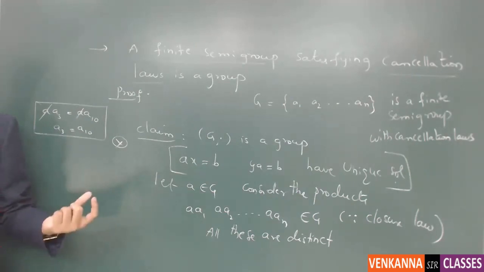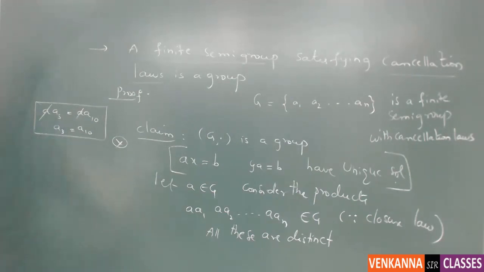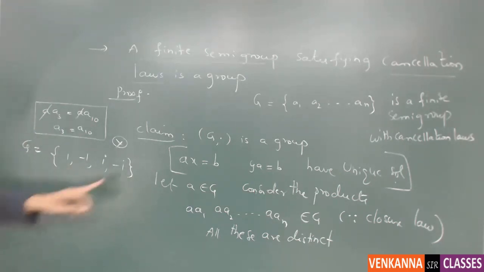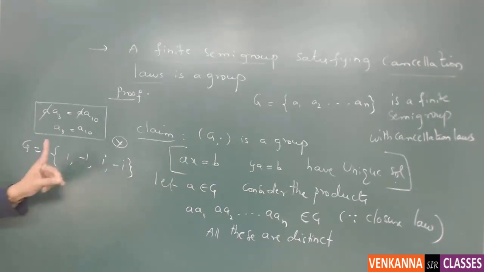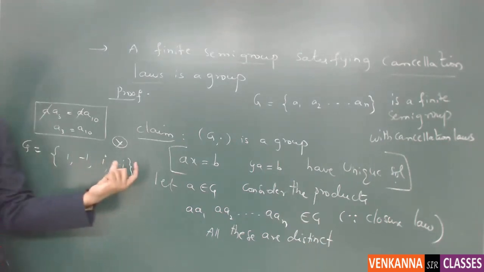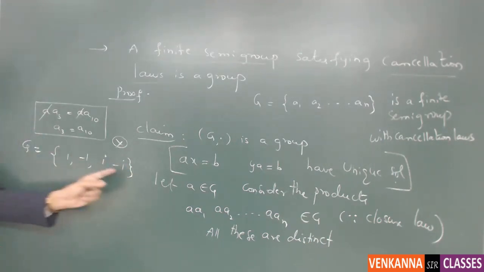If you have a small doubt, let us take a small example. Say, take the set 1, -1, i, minus i. This is my actual set G, right? Among all these values, you tell me one value here. -1. So with the element -1, you multiply all these values.